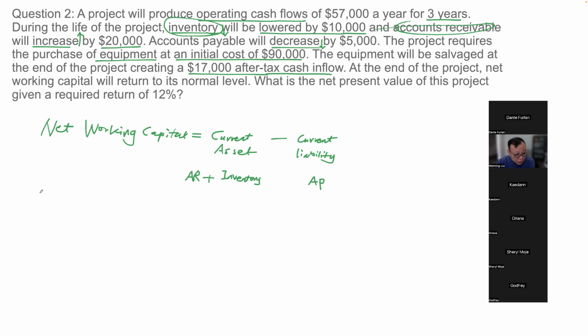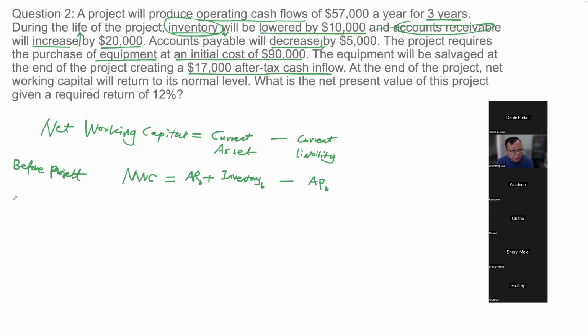So before the project, my net working capital, NWC_B, equals AR_B, B meaning before, plus inventory_B minus accounts payable_B. That's before. Now you need to have a project.